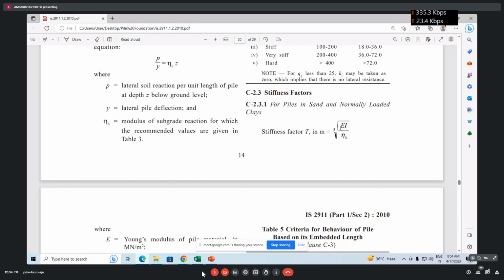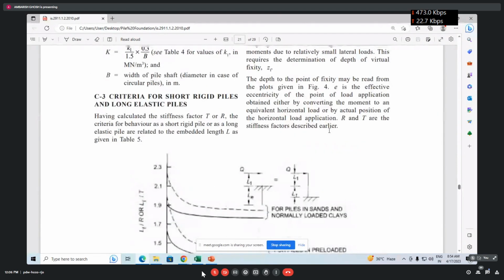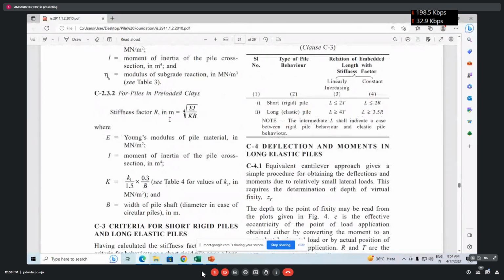E equals 5000 into root over fck, you will get. So you can calculate eta h, you can calculate T, and in case of granular soil, you will calculate the stiffness factor using this. For cohesive soil, you will calculate this one, R equal to fourth root of EI by KB.